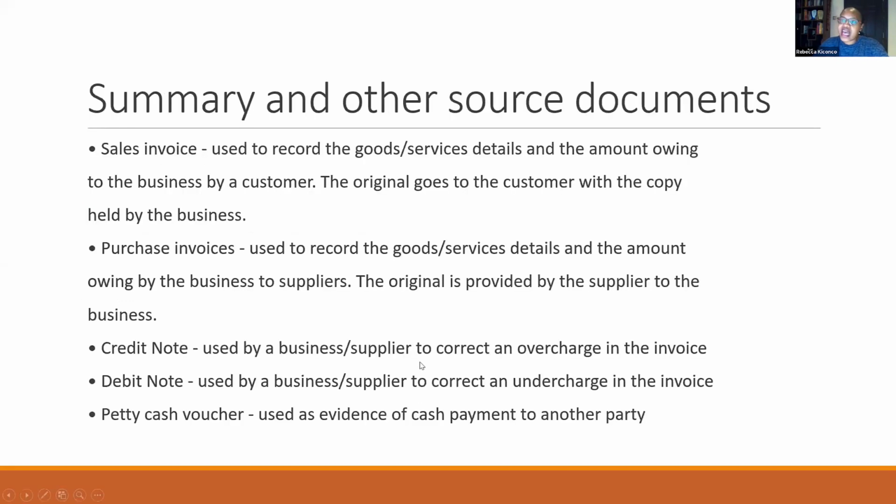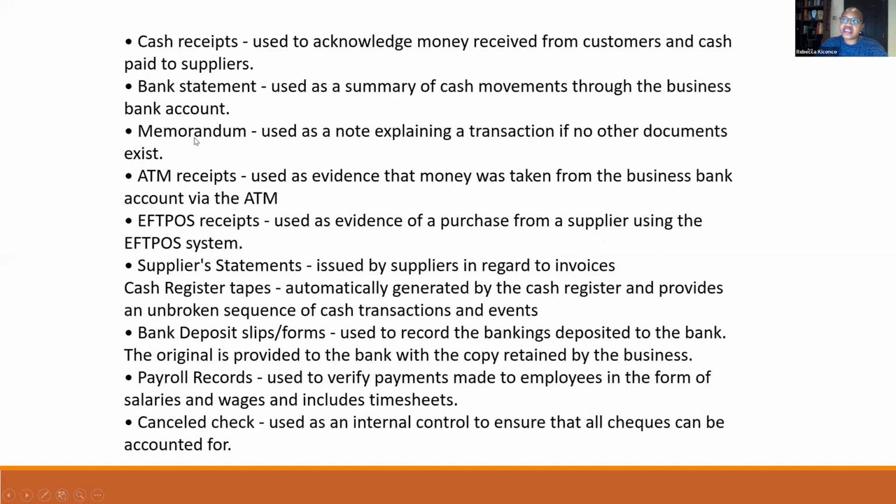All right, so these are other documents that you can look at. Some of them are similar, but this is a summary of all and others. So you have sales invoices, purchases invoices, credit notes, debit notes, petty cash vouchers, cash receipts, bank statements, memorandums, ATM receipts. ATM receipts, you know these things. I'm sure most of you have bank accounts. This is point of sale receipts that I talked about that you usually find in supermarkets.